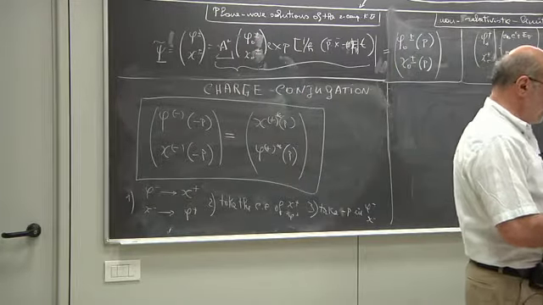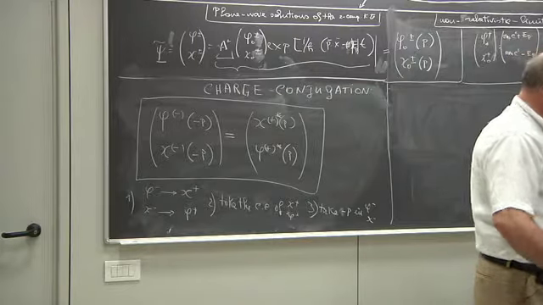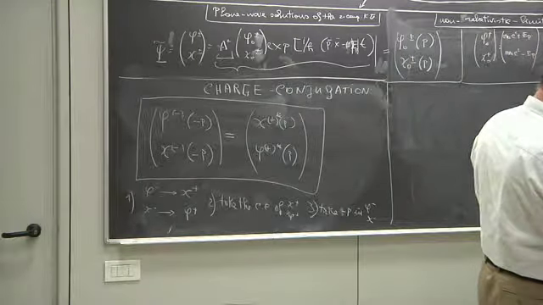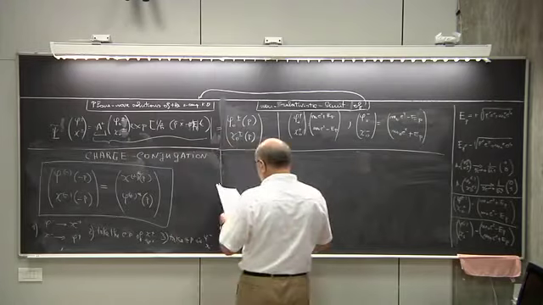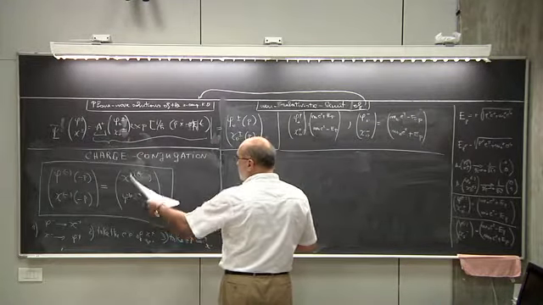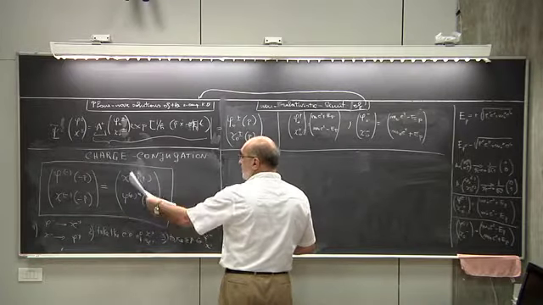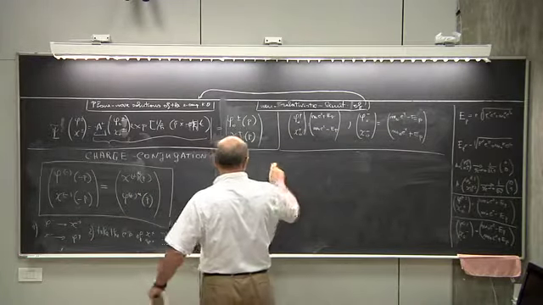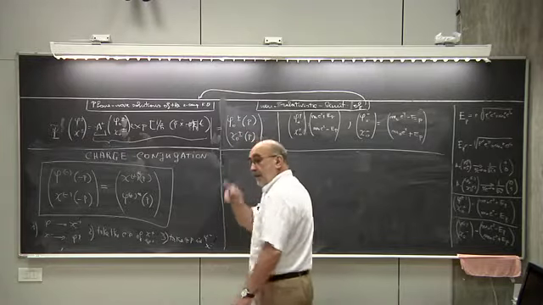Now, these three operations, we call charge conjugation. That means, let's define them. First of all, how do we exchange chi with phi? By multiplying by the Pauli matrix sigma 1.